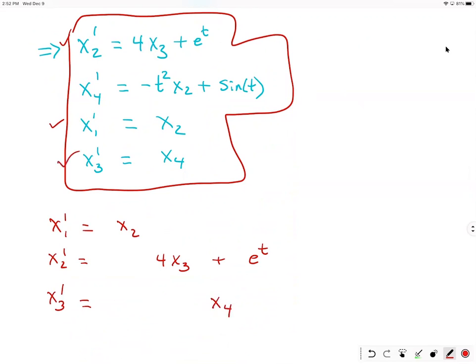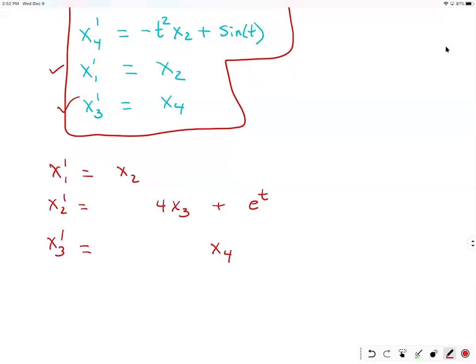And then x4, take its derivative, is equal to minus t squared x2, and then plus sine of t. So I've written it out as a system in order, sort of spaced out.